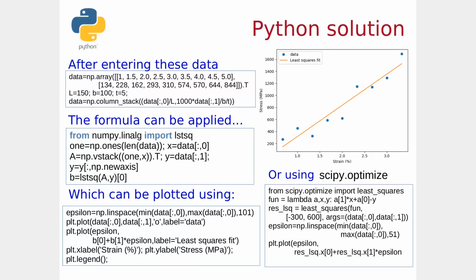So the Python solution is relatively straightforward and can be done in numerous ways, and we'll look at them in turn, but they're basically to get a verification of our results more than anything else, and then using another code for more complete verification. So we could enter the data. I've entered it into a NumPy array simply by entering the values into the first and second rows and then transposing it.